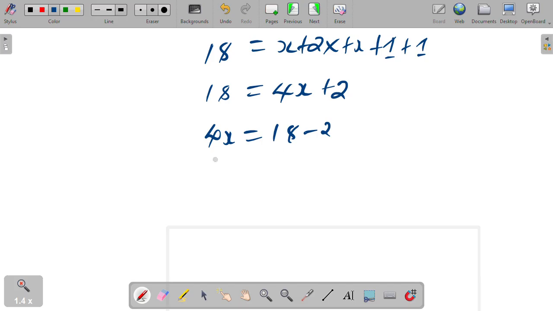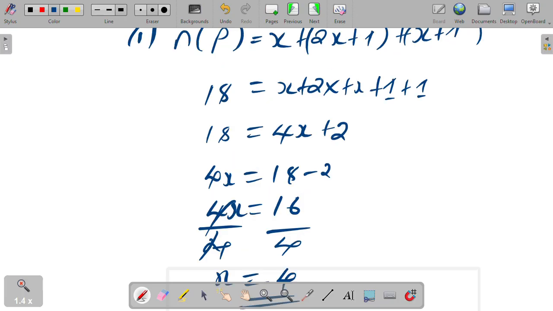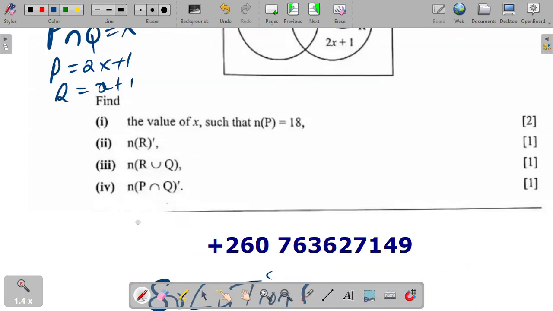So 4x is equal to 16. We divide both sides by 4 and cancel here. What's our x? 4 into 16 is 4. So x is equal to 4.